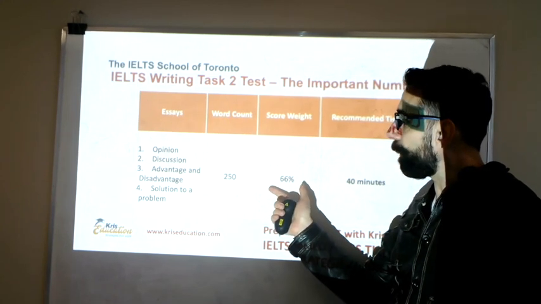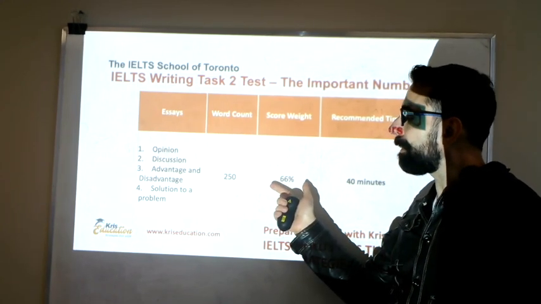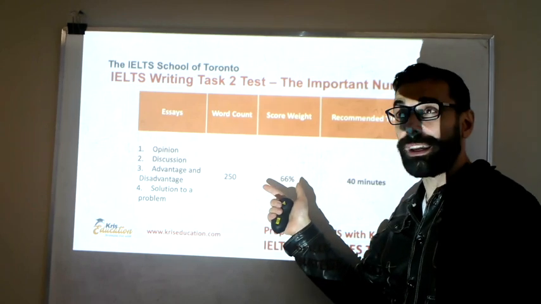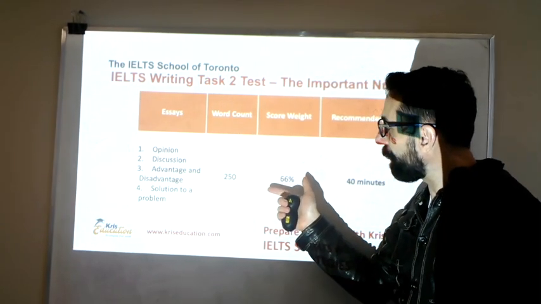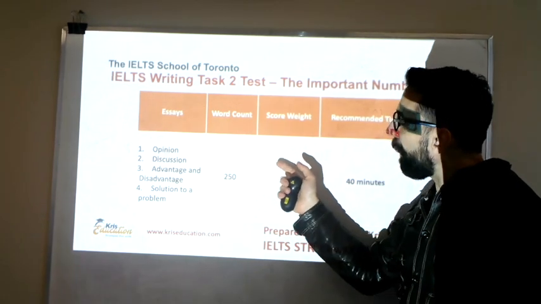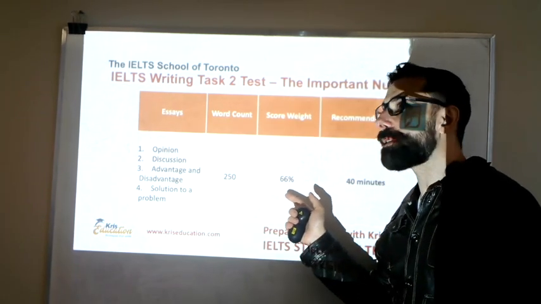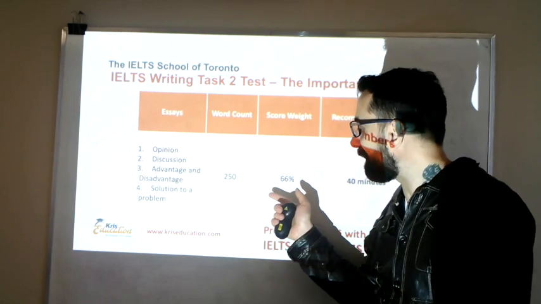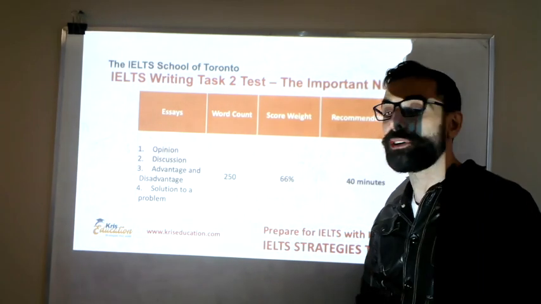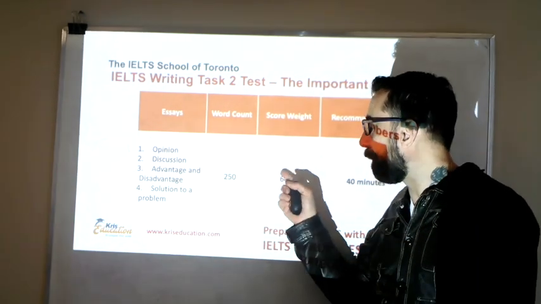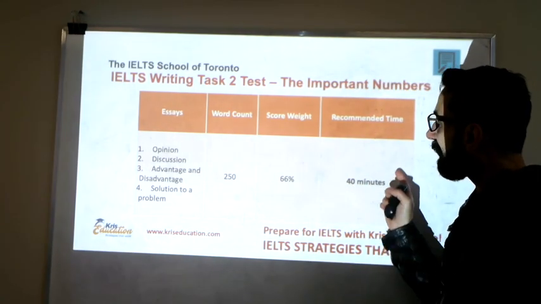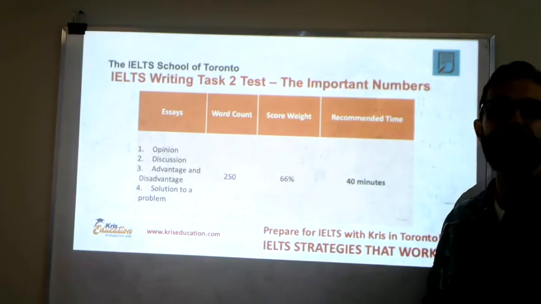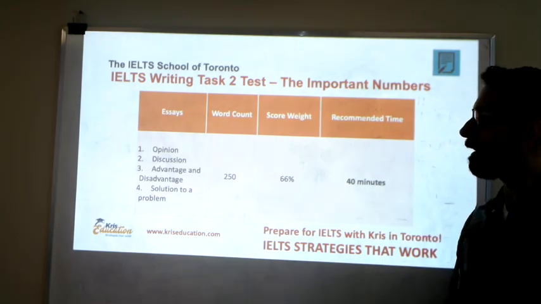Math is not my forte, but let's say task 2 accounts for 66%, which means 2/3 actually, and task 1 accounts for 1/3 or 34% of your task. And the recommended time is 40 minutes in which you have to write the task.